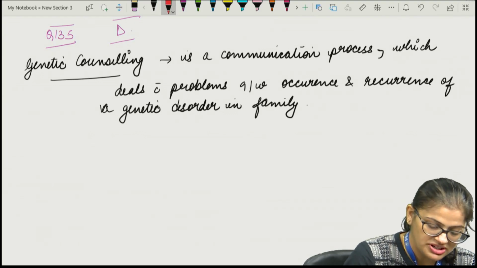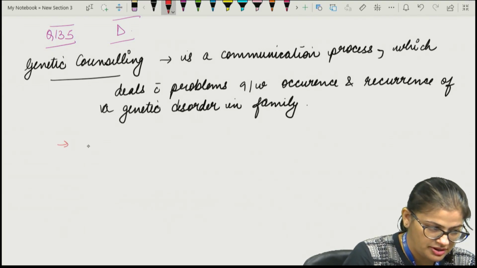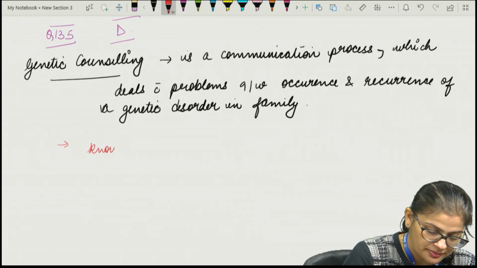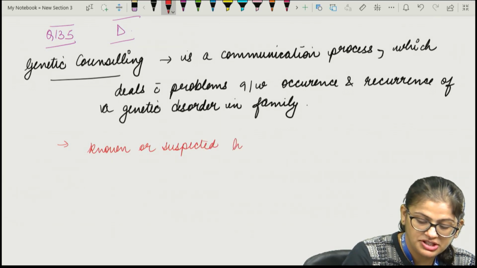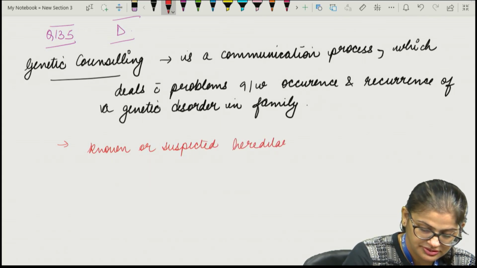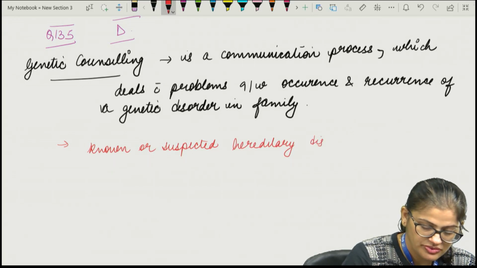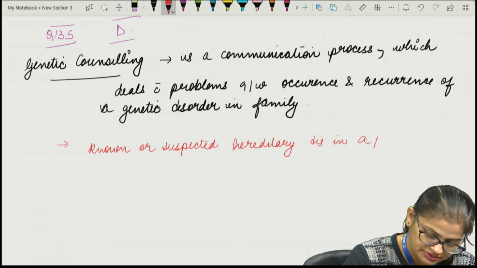So some important indications of genetic counseling are if there is a known or suspected hereditary disease in a patient or family.